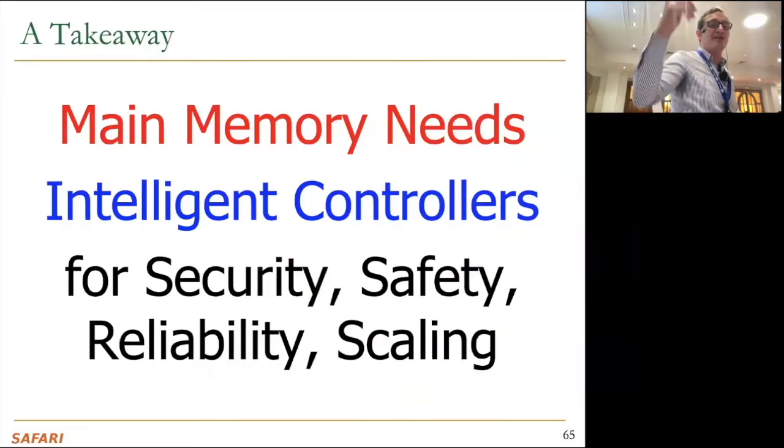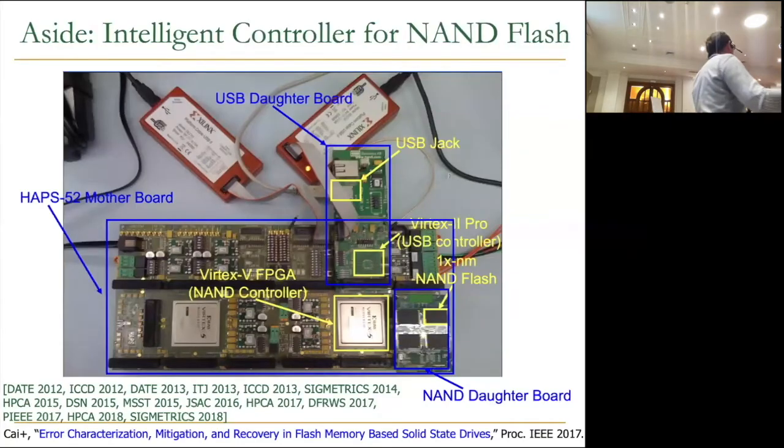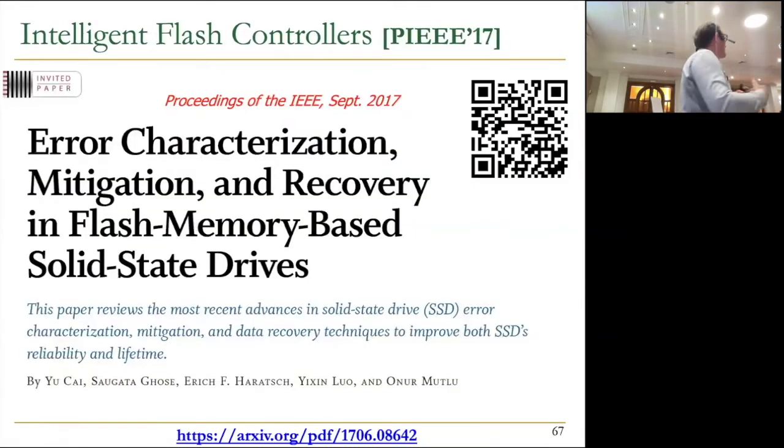I've also mentioned that one of the reasons why we argued that we need intelligent memory controllers is because we have a very good example in Flash. I also showed you this yesterday. We did a lot of work in Flash, which partly inspired the RowHammer work. And here you have a hugely intelligent memory controller. I don't have time to talk about Flash, but it's really fascinating. The Flash controller knows every single detail about every single cell in the Flash memory chip.